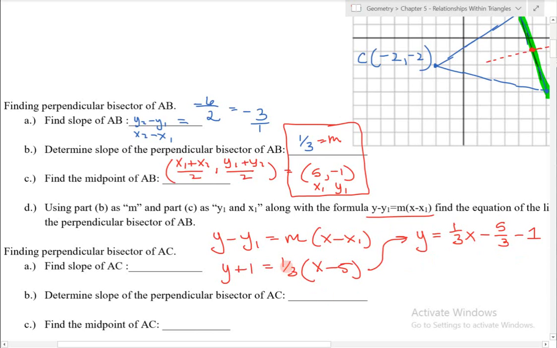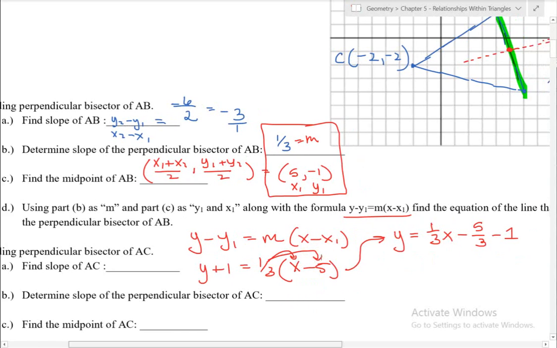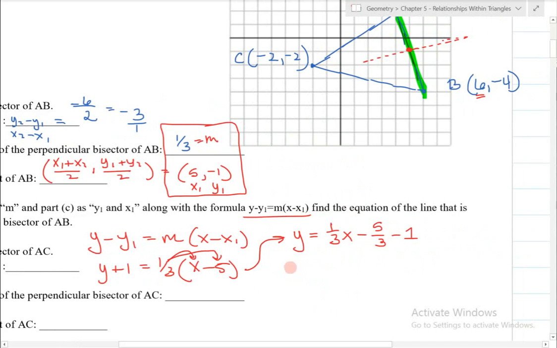So at that point right there, all I did is I moved the 1 over and I distributed at the same time. Now combining like terms, I get Y equals 1/3 X minus 8/3. That's, I got a common denominator, right? So that's 3/3. -5/3 minus 3/3 is 8/3.